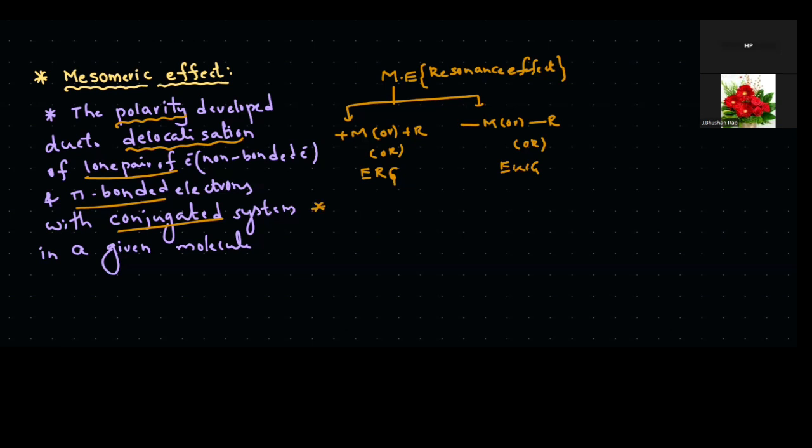plus M effect. In this plus M effect, what is the condition here majorly? Delocalization of which electrons? Lone pair of electrons.